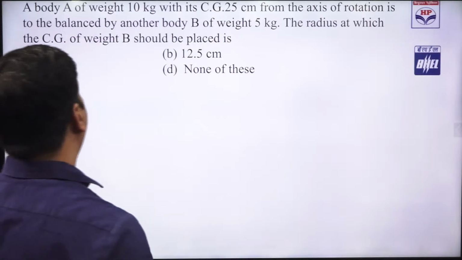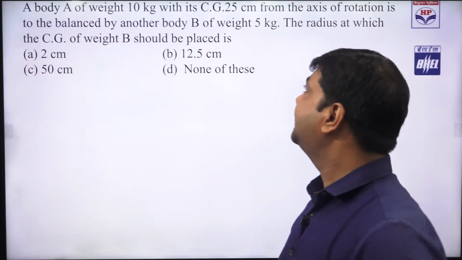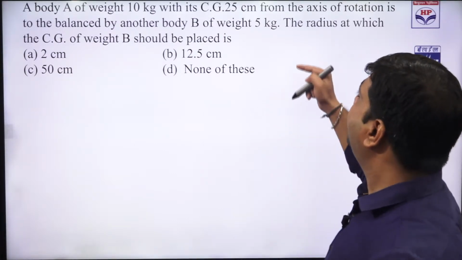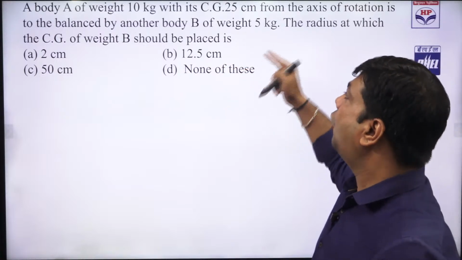So the question is saying that a body A of weight 10 kg with its CG 25 centimeter from the axis of rotation is to be balanced by another body B of weight 5 kg.